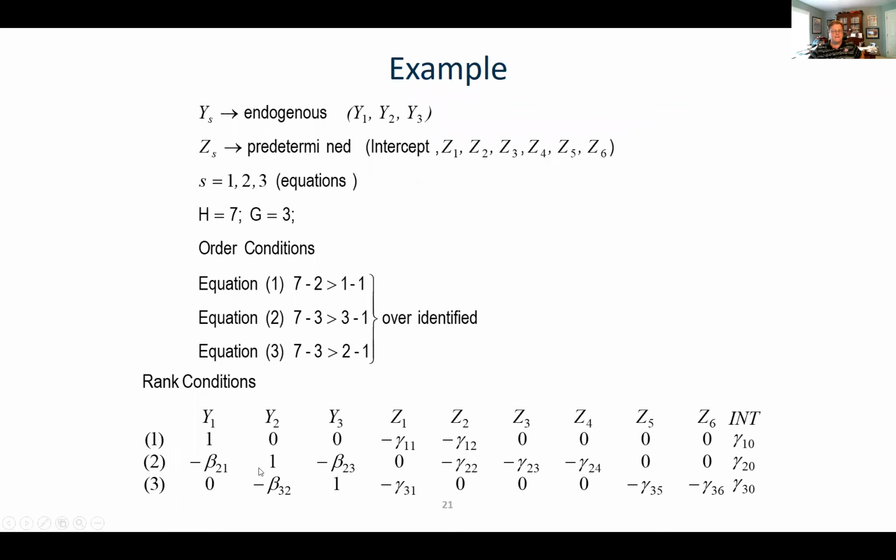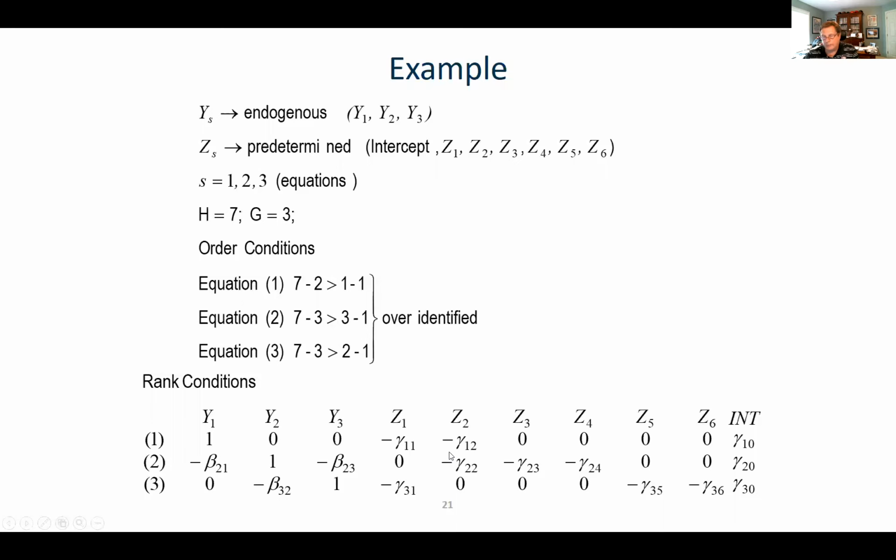Now, if it were the case that beta 2, 3 were equal to 0, we would have a recursive system. Or if it were true that beta 2, 1 and beta 3, 2 jointly were 0, we would also have a recursive system. So we're assuming that at least one of these coefficients, beta 2, 1, beta 2, 3, or beta 3, 2, would be non-zero, okay?